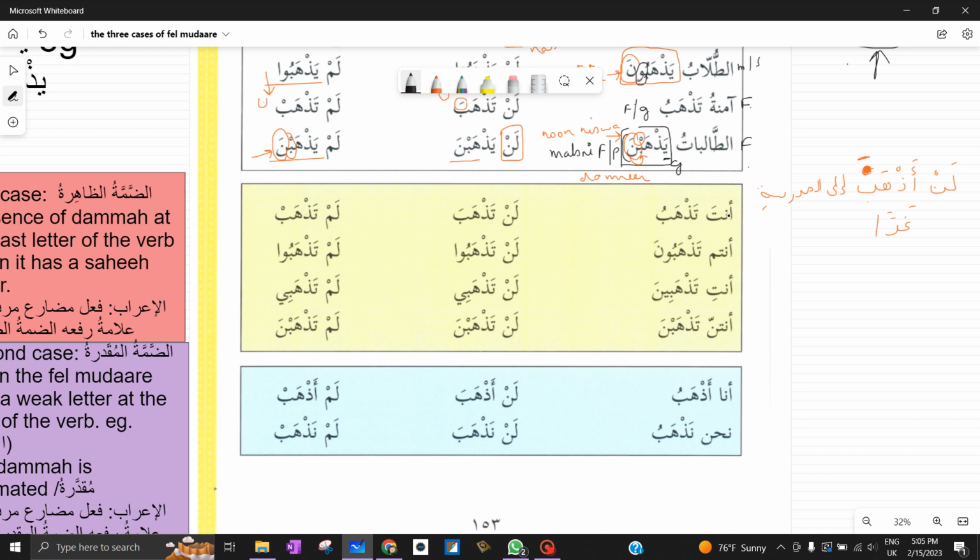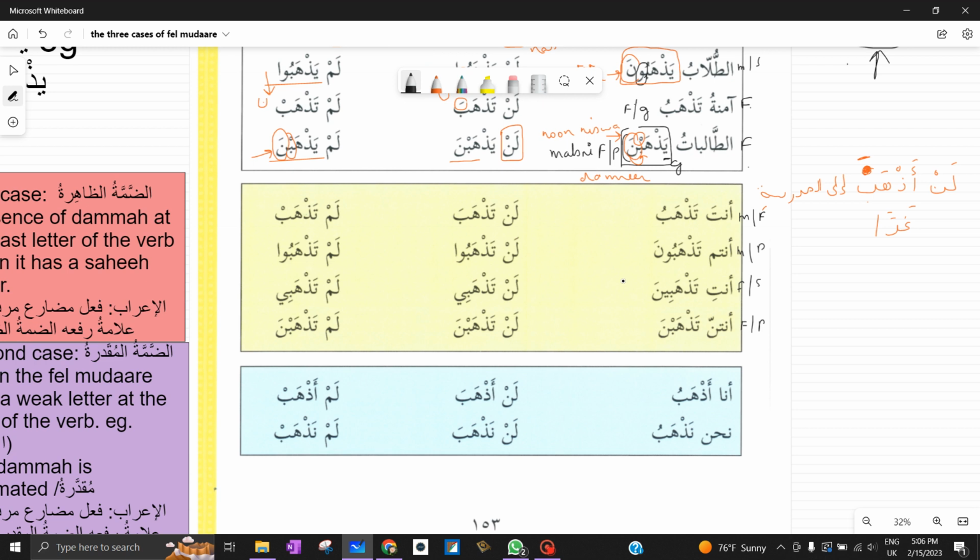Same, male singular, male plural, and feminine singular and feminine plural. So they have made it easy for you to just understand the concept of grammar rules. That's why they have not given the dual form here, because dual forms are morab, they change in mansoob and majroor case.